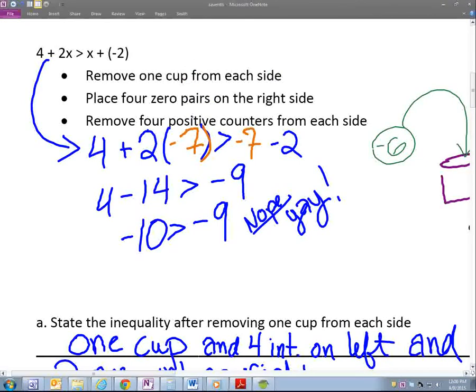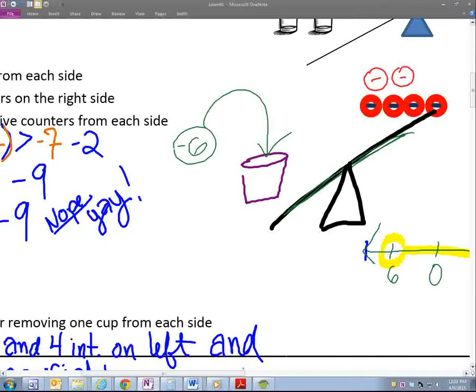The reason why it doesn't work is this. If we had a scale just like this, this side is going to be heavier.